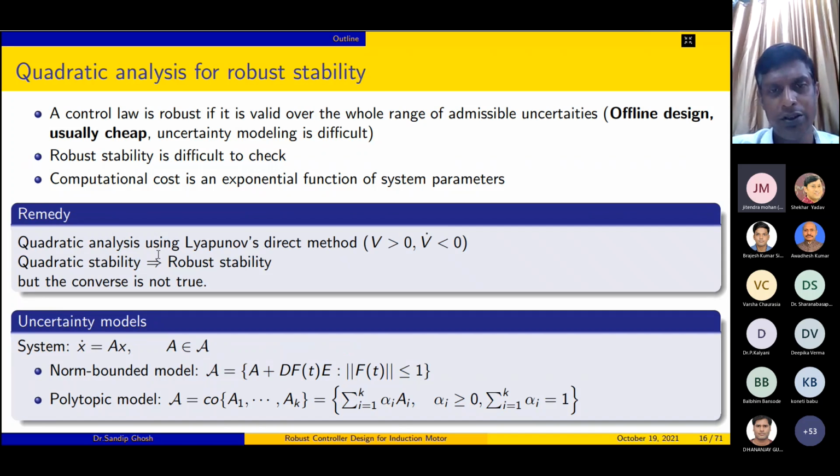Then for robust control design, or when there is uncertainty in the system, you want to minimize something or minimize the disturbance. In such cases, we often apply the quadratic analysis or similarly the Lyapunov's direct approach. The benefits are manifold.